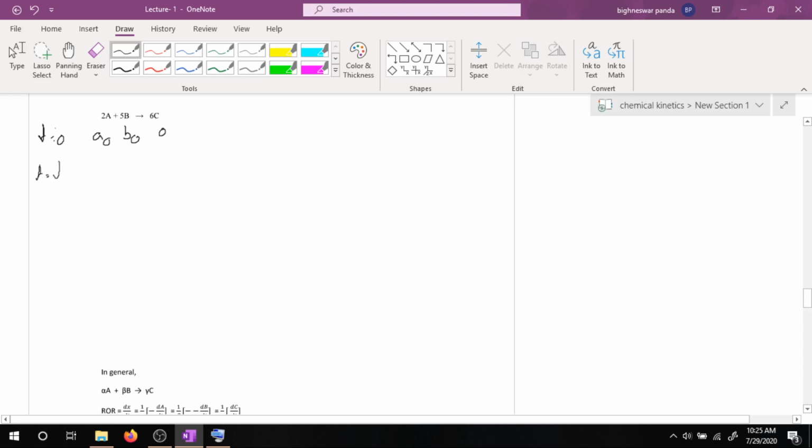When time t is equal to t, the concentration left after time t will be A naught minus 2x. Why is the coefficient 2? Here B naught minus 5x, and 6x amount of C is formed.